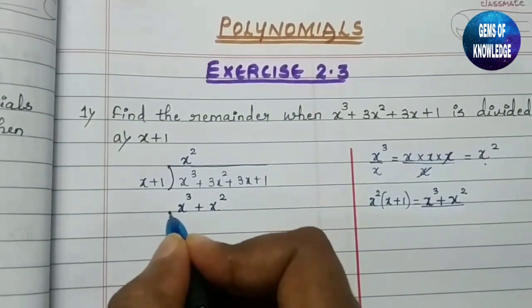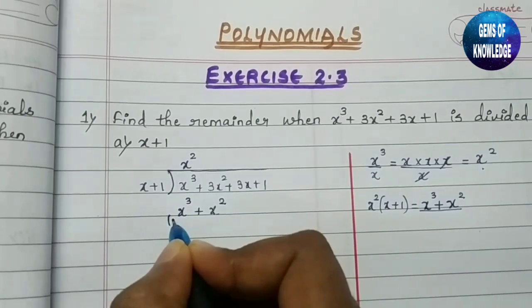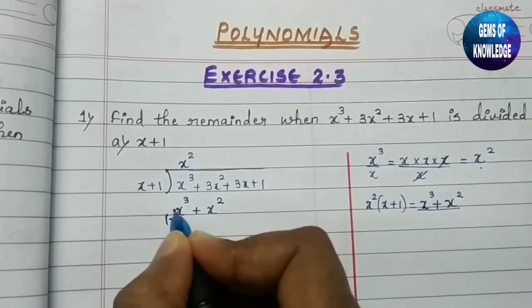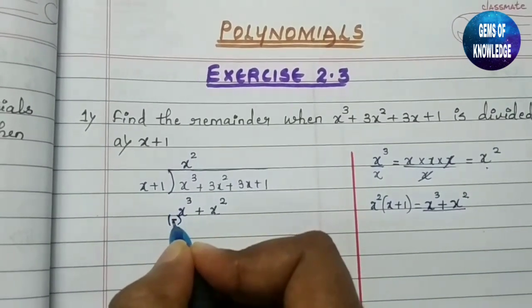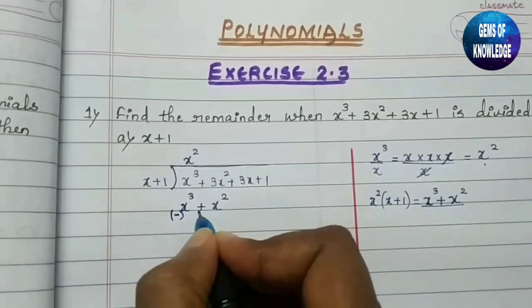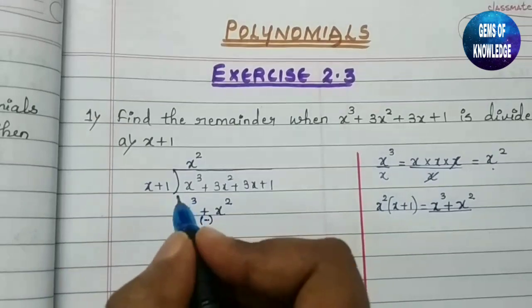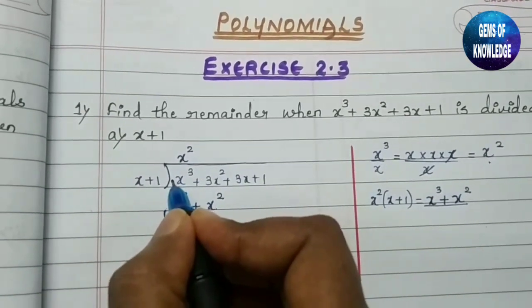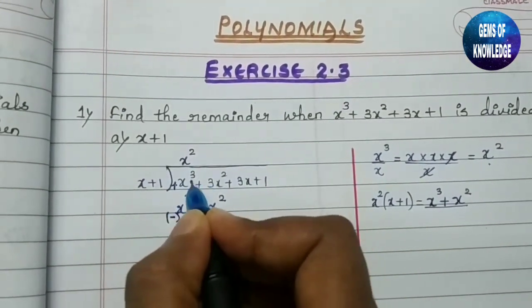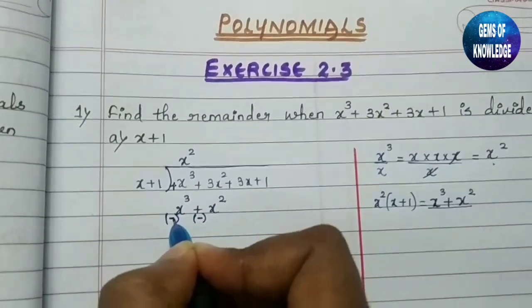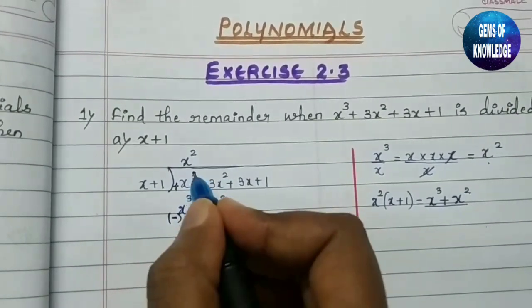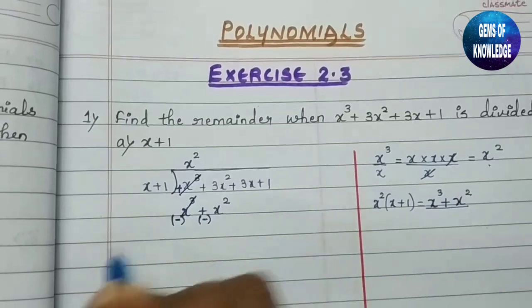Now the final thing which we need to do here is change the sign. As this is a plus sign, we have to change it into a minus sign, and here it is a plus sign, again we need to change it into a minus sign. So now you can see this is plus x cube, and after changing the sign it became minus x cube, so we can cancel both terms.